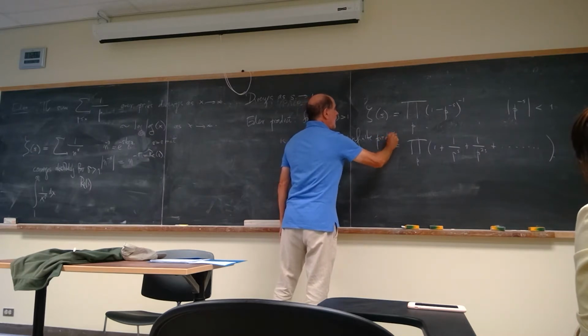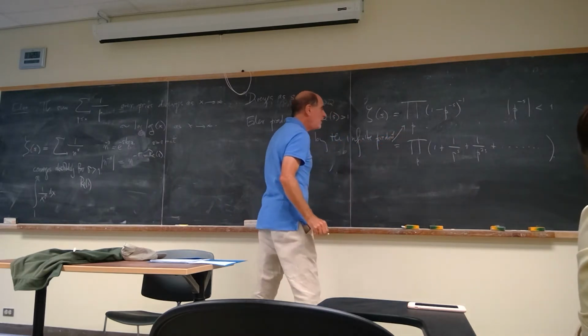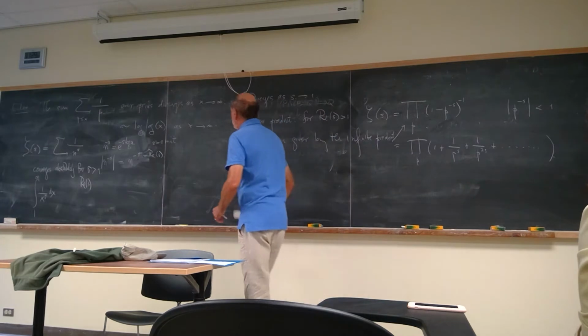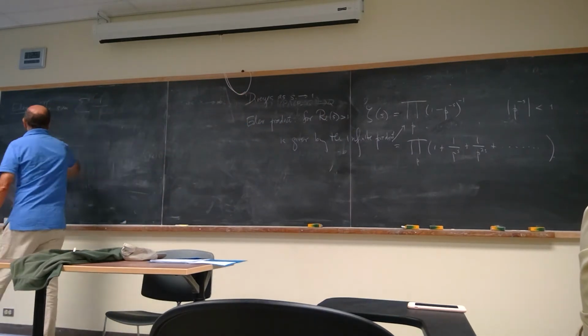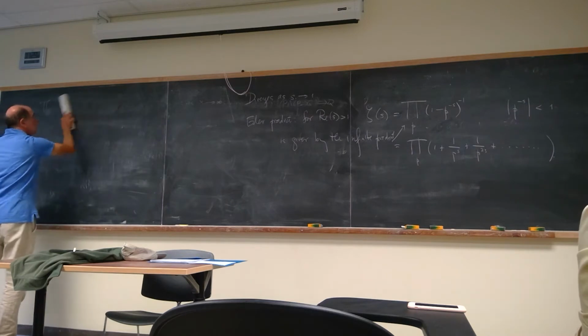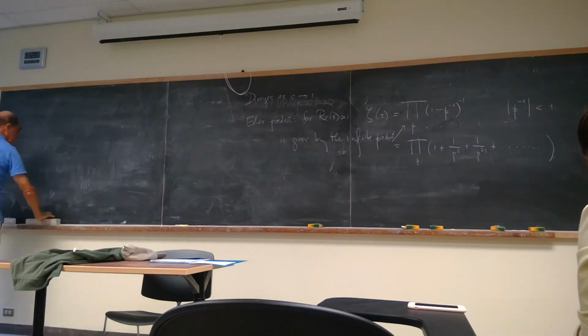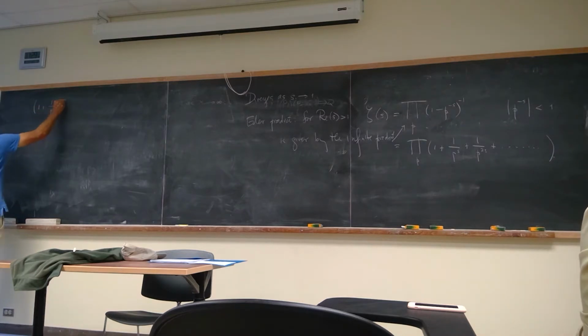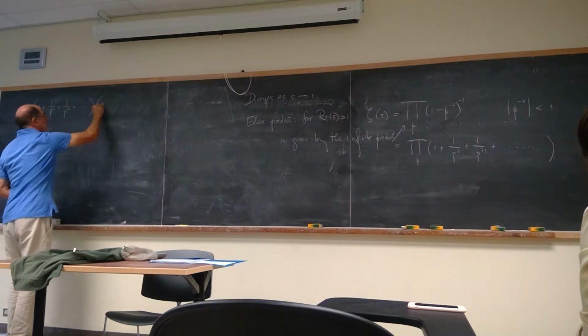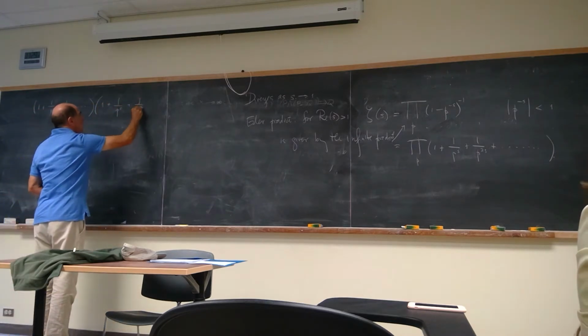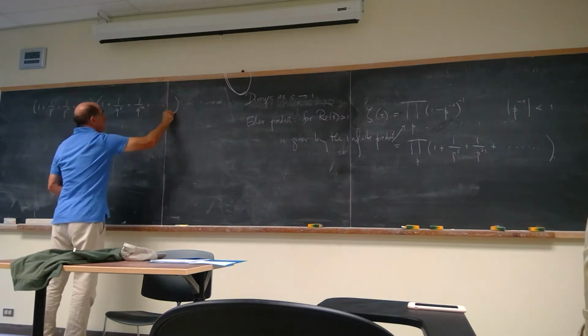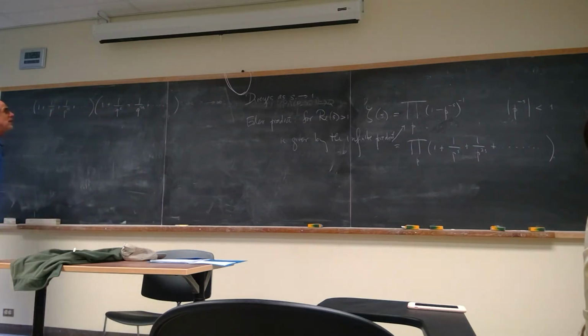All right, well, why is that? Well, if I take just one term of this product, that's the sum over all the things that are powers of p. If I took the product of two things of that sort, and I multiply it by 1 plus 1 over q to the s, plus 1 over q to the 2s. And again, in the region of convergence, you can take the product and rearrange the terms.